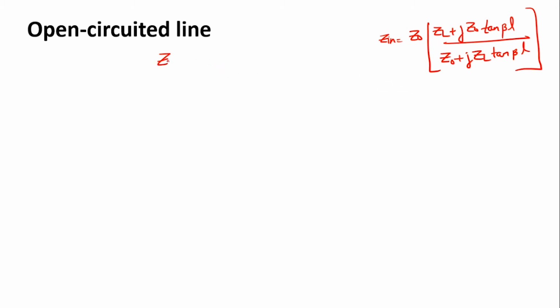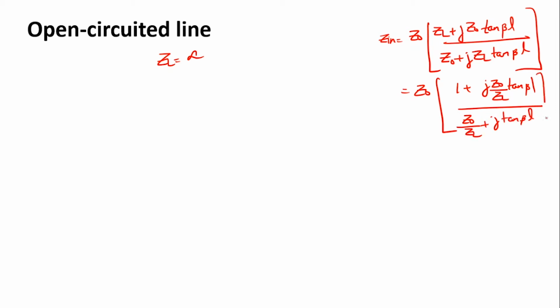In case of an open circuited line, ZL is equal to infinity, so dividing throughout by ZL, you get Z0 into (1 plus jZ0 by ZL tan βl) divided by (Z0 by ZL plus j tan βl). Here both these terms will be 0, as 1 by ZL is 1 by infinity, which is 0. So ZOC can be written as Z0 by (j tan βl). We get it like this.